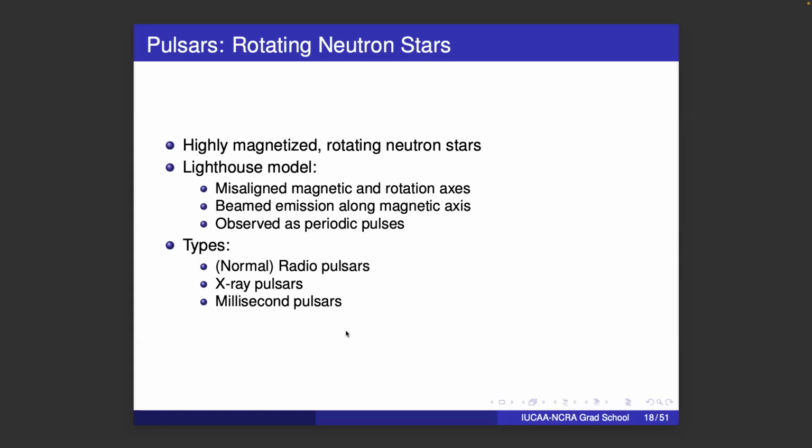These are highly magnetized rotating neutron stars, and there is something known as the lighthouse model. The model is a very simple one. We know the neutron star is rotating, but assume that the magnetic field axis and the rotation axis are not identical. What will happen when that happens?